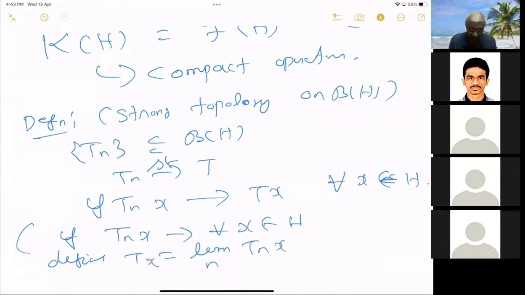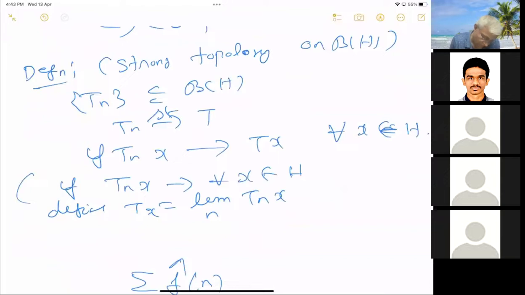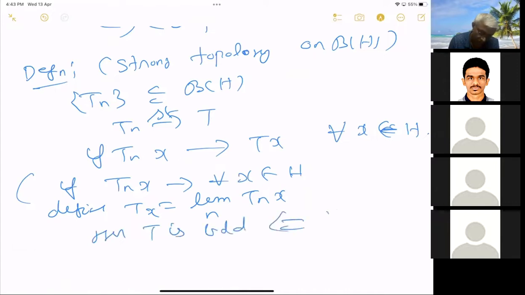Then T is bounded. This follows from the uniform boundedness principle. I think we have seen. T is a bounded operator, if the pointwise limit of a sequence of operators exists. Because of this, the strong topology is well defined. Okay, this is the strong topology.